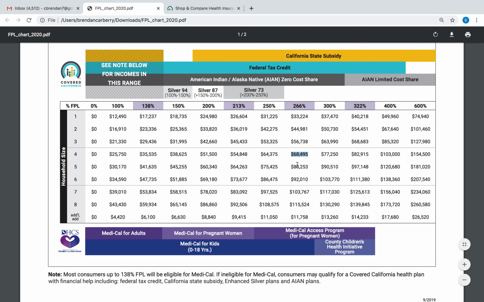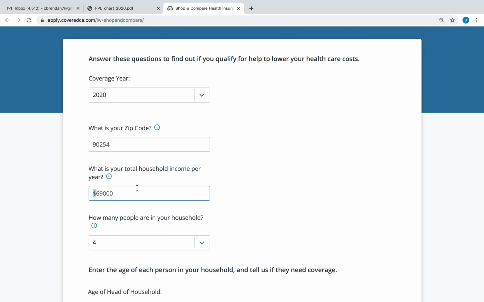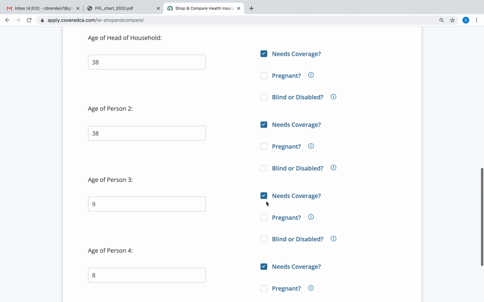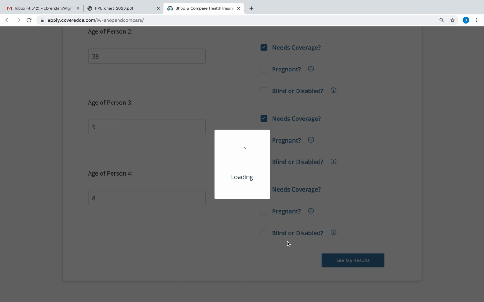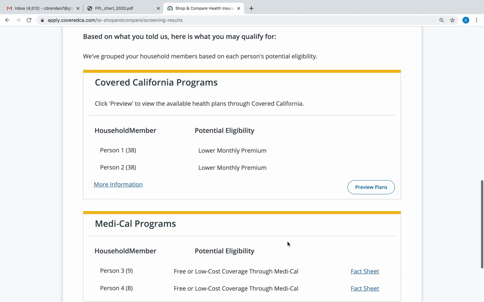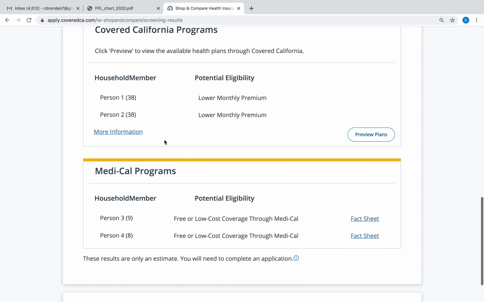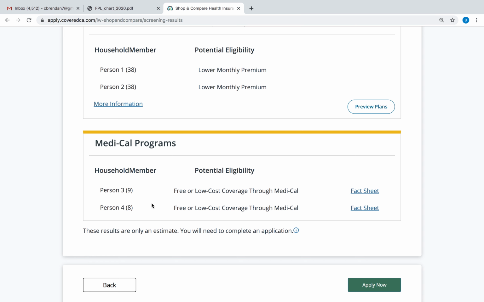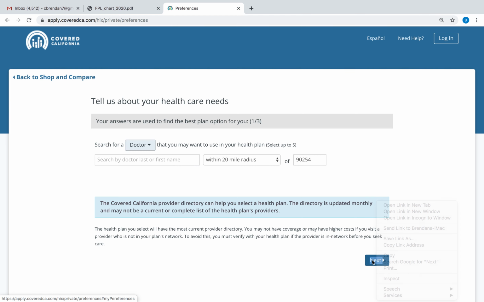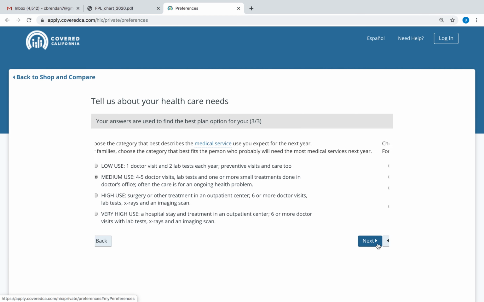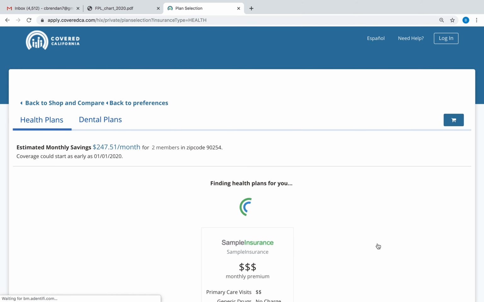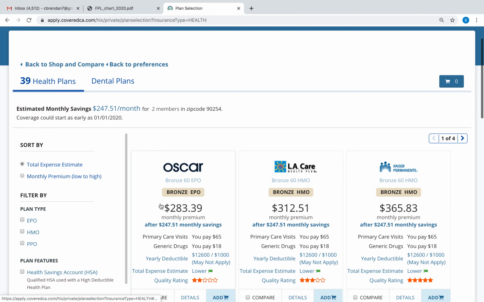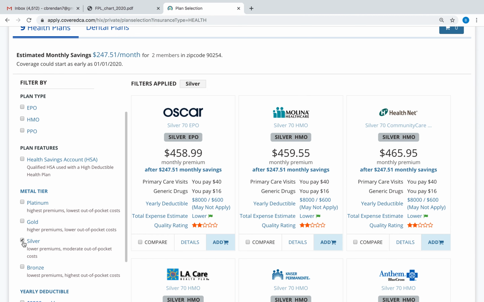Okay, so let's take a look if we go under the level. Let's go under 68,000 and see what happens. As you can see, adults get Covered California and the dependents get Medi-Cal. Let's take a look. Subsidy goes down because it's just for two people. We'll go to the silver.